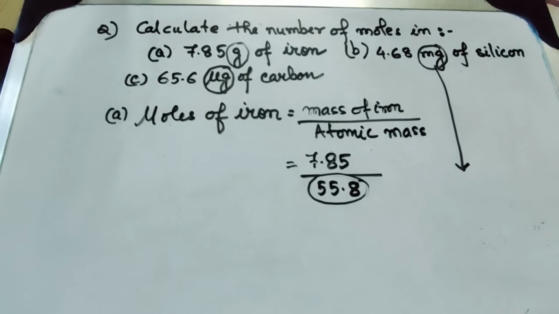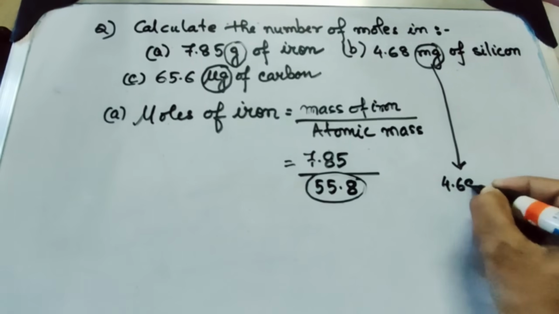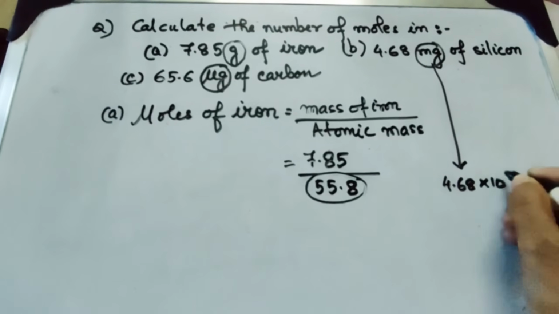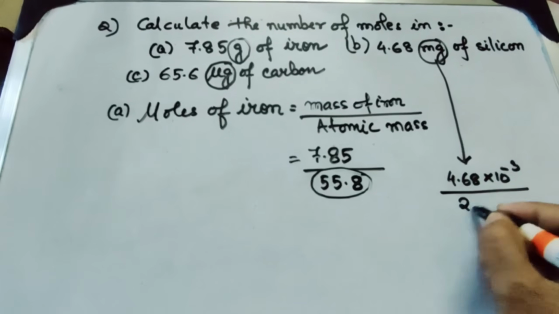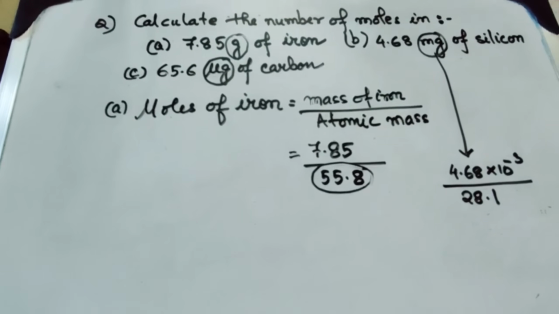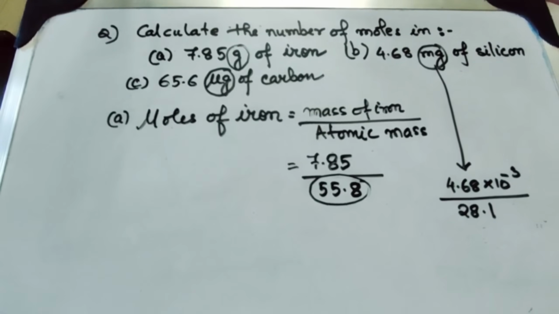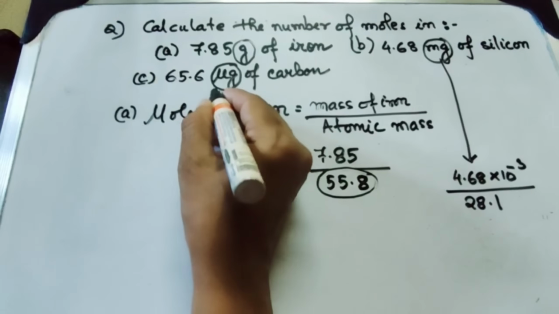When we convert it, the mass of silicon becomes 4.68 into 10 to the power of minus 3, divided by, you can take it 28 or 28.1, the atomic mass of silicon. And what happens for carbon? Again, this is given in µg.